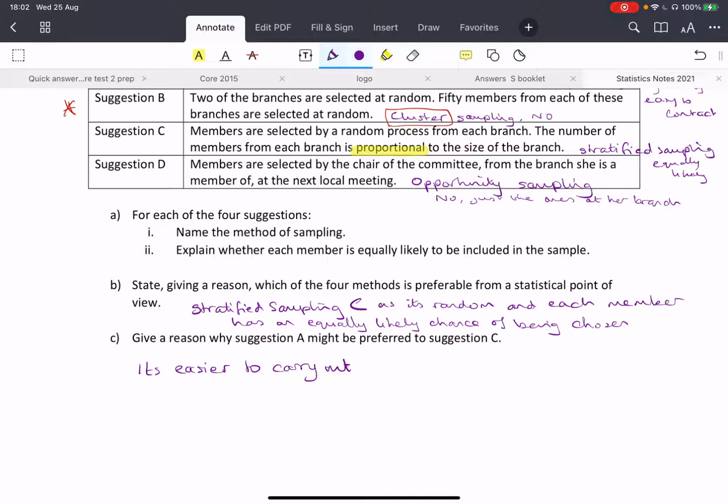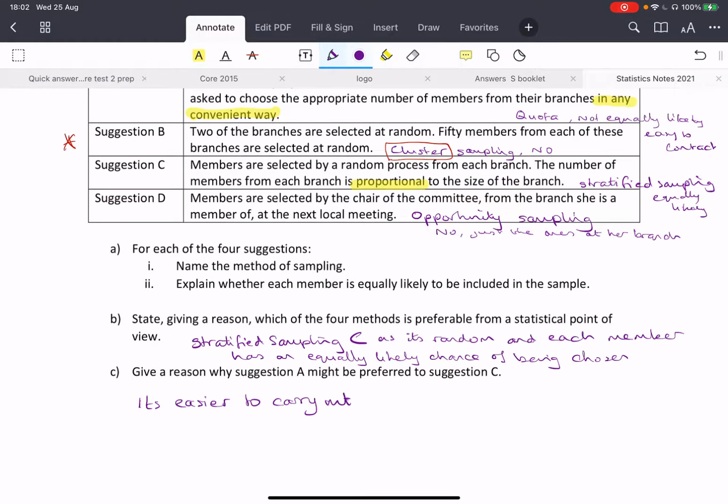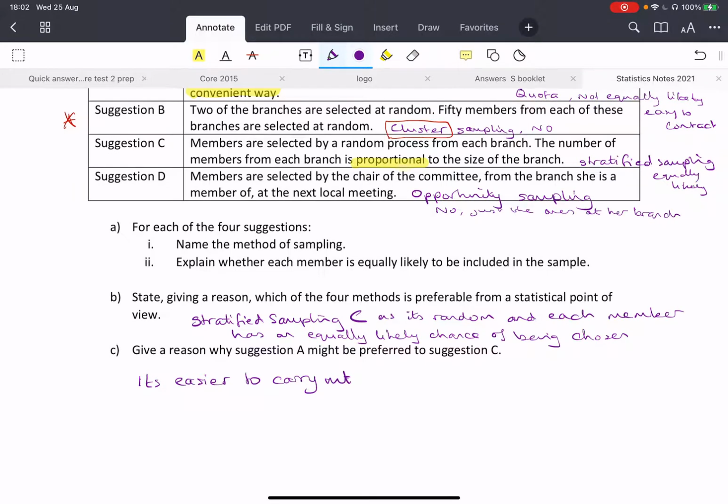However, if you want to do it fairly, every member's got an equally likely chance of being chosen, provided you number your 70 members and randomly generate 10 and then go hell for leather at contacting them to get their thoughts on what it is you want to do. So for this part, the reason that A is preferable to C is it's easier to carry out because now I'm just choosing my sample, whereas for C I'm having to go through a kind of randomized rigmarole to try and make sure everybody has a fair chance of being chosen and then chasing up on that. Okay, so that's that one.